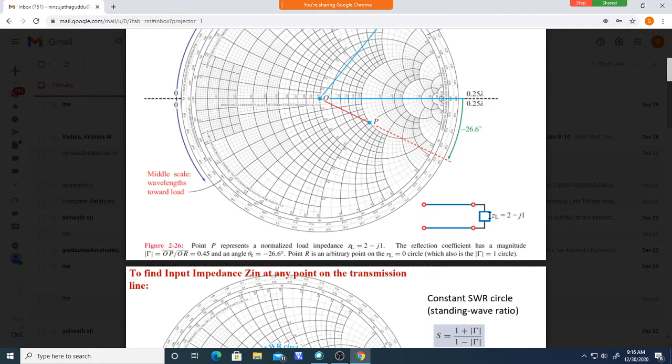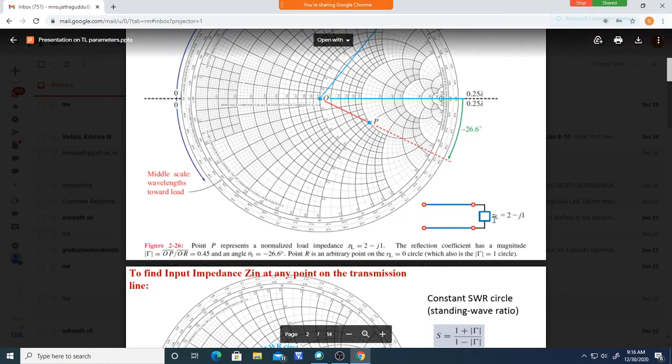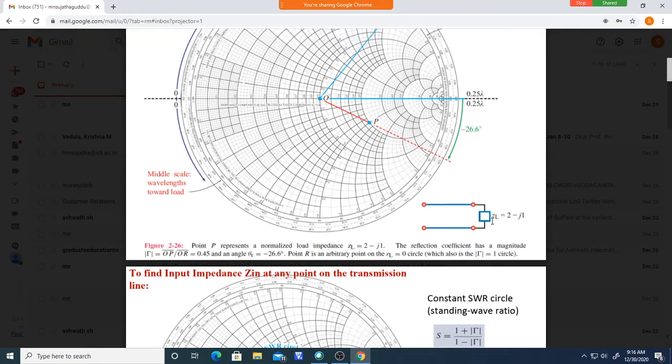If there is more reflection, less power will be delivered to the input of the next circuit. That should not happen. Actually, we want the entire power to be delivered to the next circuit. ZL is the input impedance of some other next circuit.